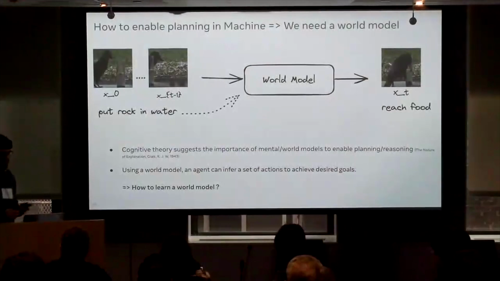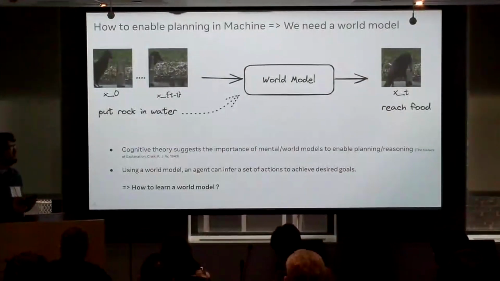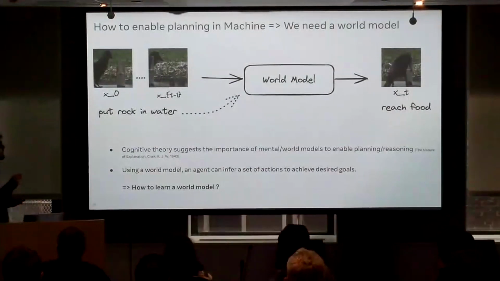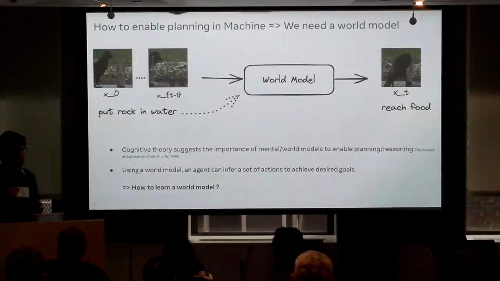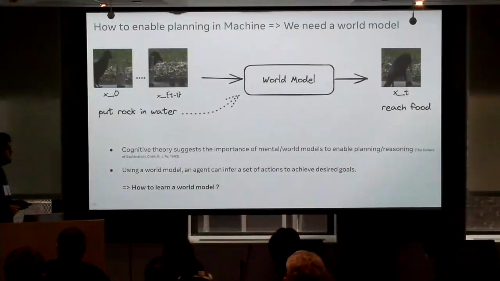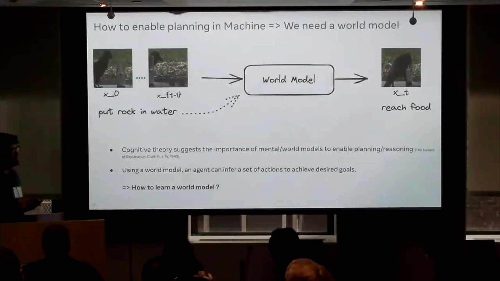In essence, a world model is something that is able to predict something it doesn't see directly from the input. For instance, here you see the beginning of a video. You might condition your world model with an action, and you try to predict what's going to happen if you apply this action. And of course, once you have a trained world model, you can use it to plan and find a set of actions that allow you to reach a goal.